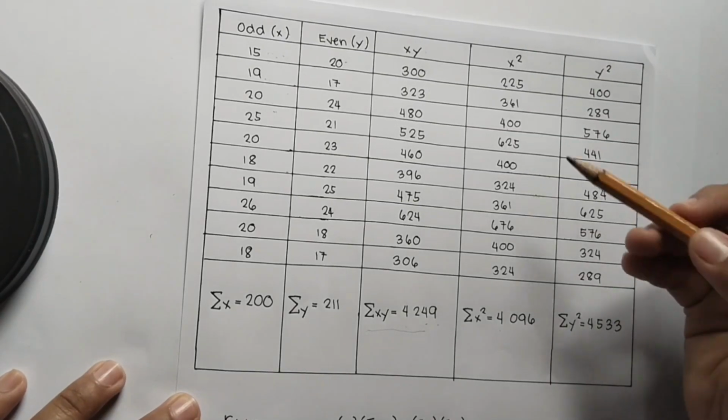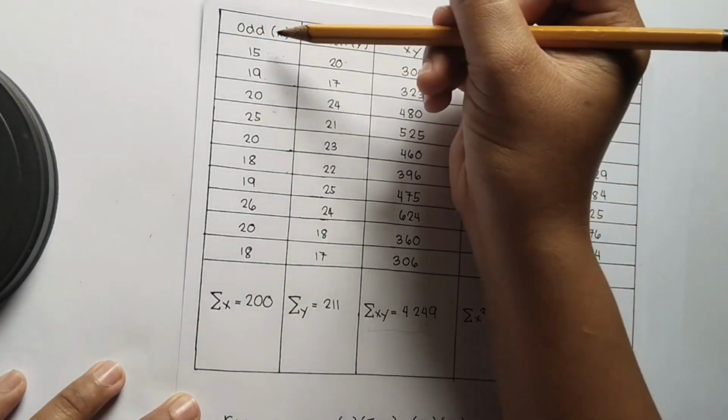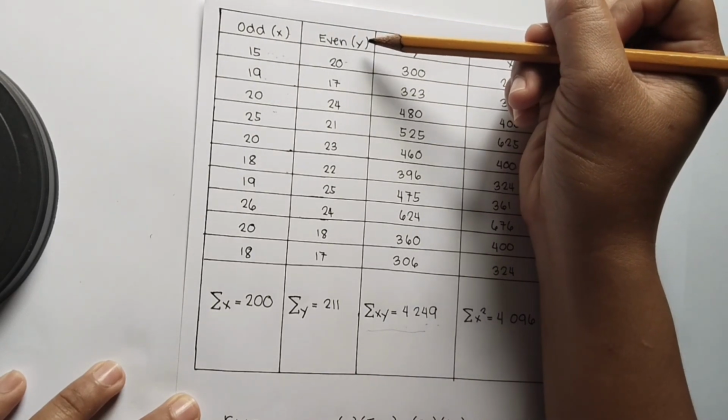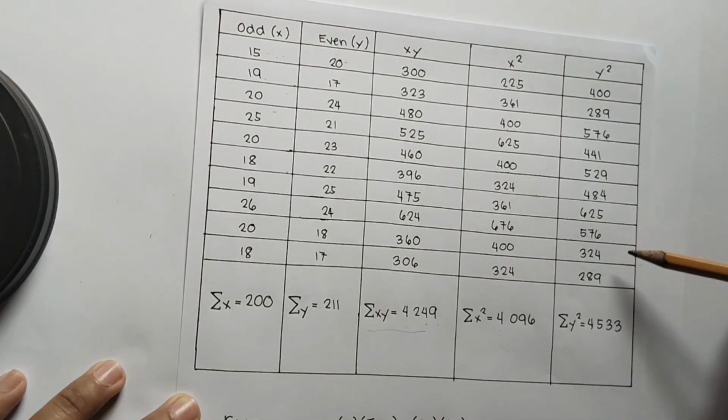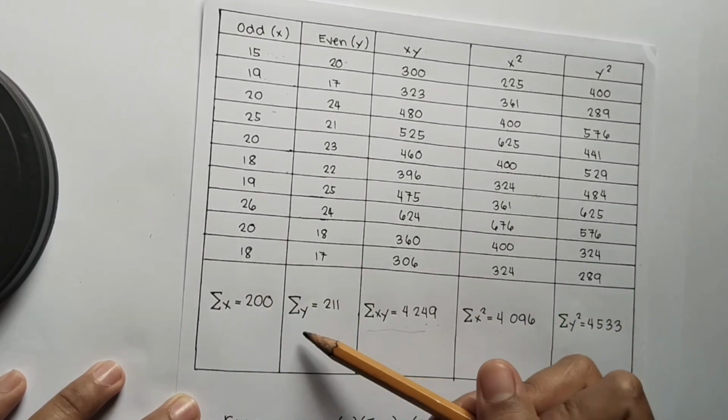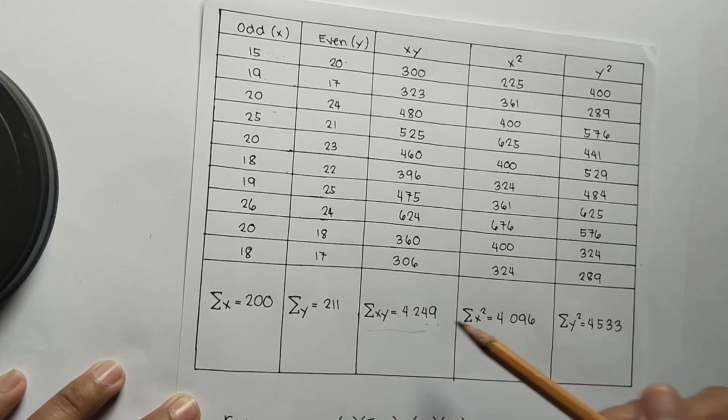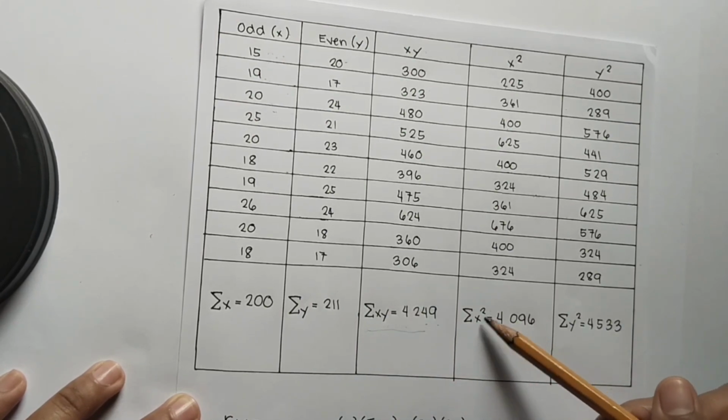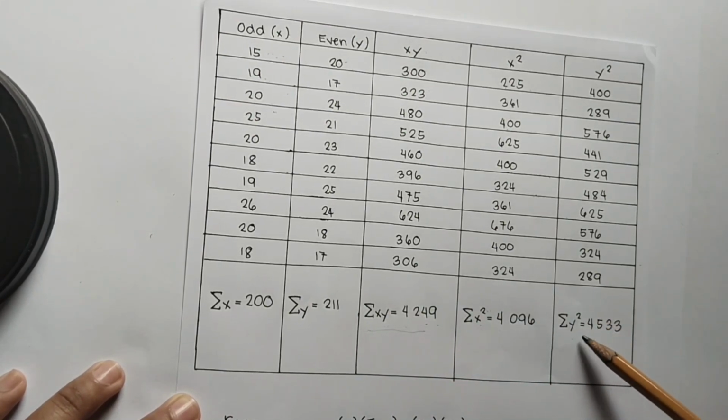This table shows the scores of odd and even items na kung saan makikita rin natin kung paano makukuha yung summation of x, summation of y, summation of xy, summation of x squared, and summation of y squared.